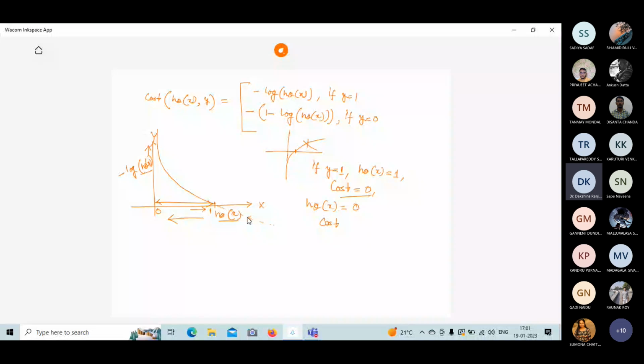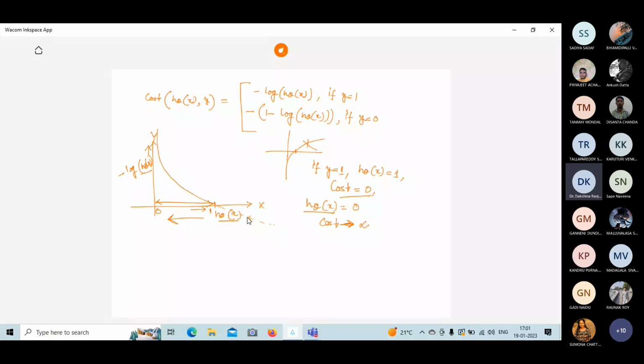If we get perfectly 0 over here, then what will be the cost? The cost becomes infinity. If h theta x tends to 0, then the cost tends to infinity.